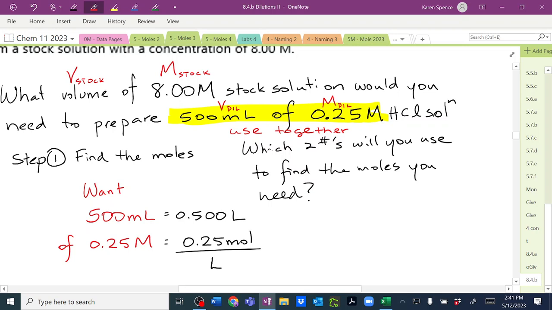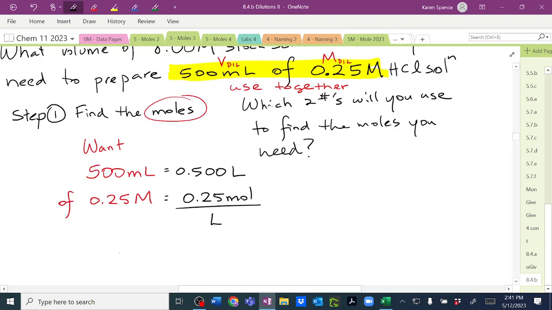So now we have these two numbers. Could we find the moles? That's what we want to find. Can we find the moles? Yes. Okay, what we're going to do, we want to find the moles, and that is equal to 0.500 liters times 0.25 moles per liter.